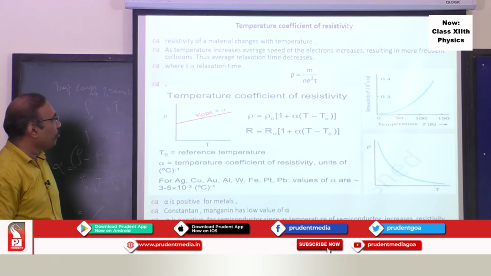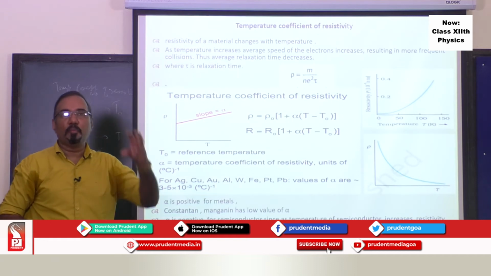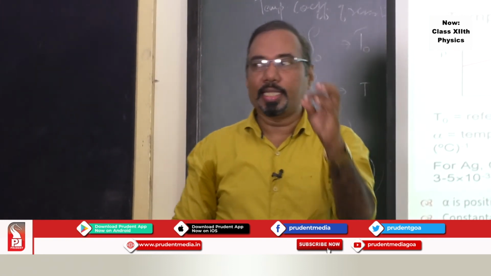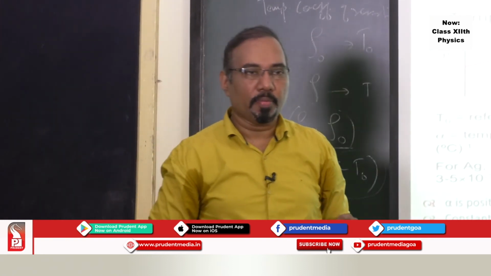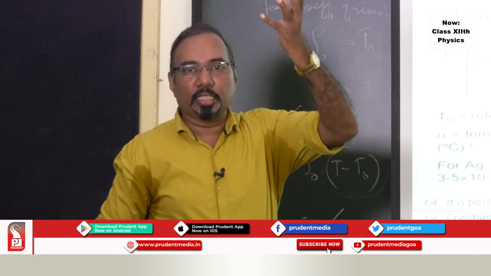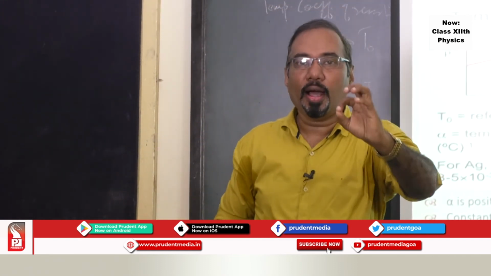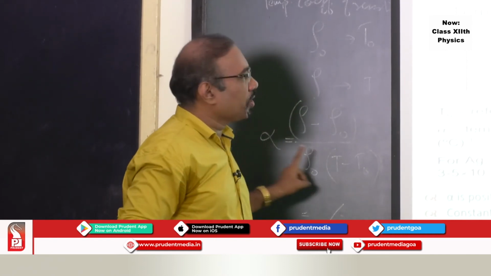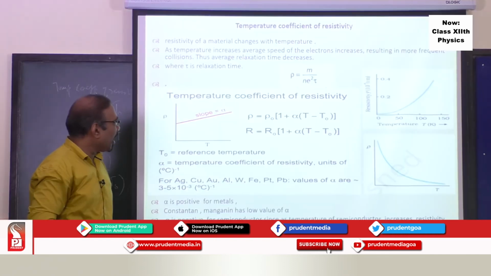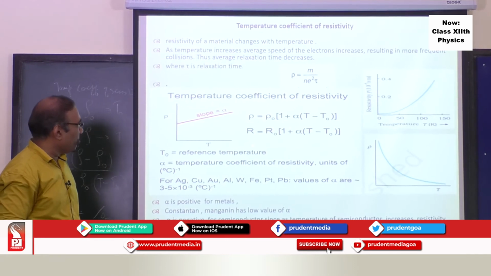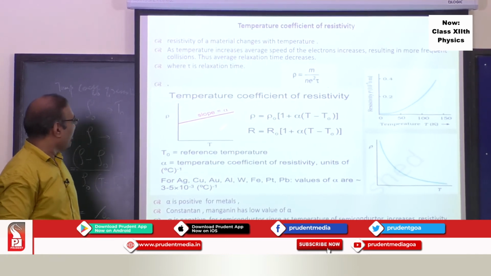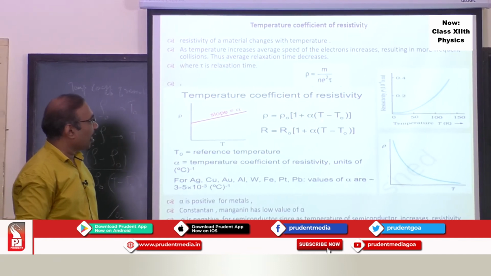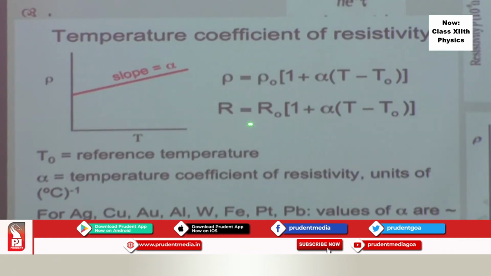So the temperature coefficient of resistivity gives a measure of the resistivity change during a particular increase in temperature. If the change in resistivity is more, alpha, the temperature coefficient of resistivity, will be more. Likewise, I can say temperature coefficient of resistance. I can write the same formula as rho equals rho 0 into 1 plus alpha into T minus T0, or write it for resistance.